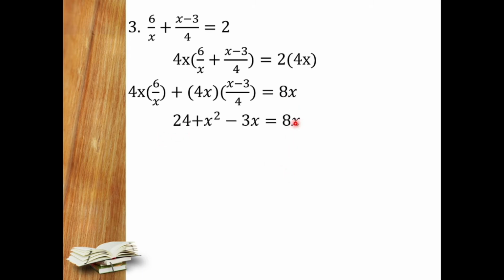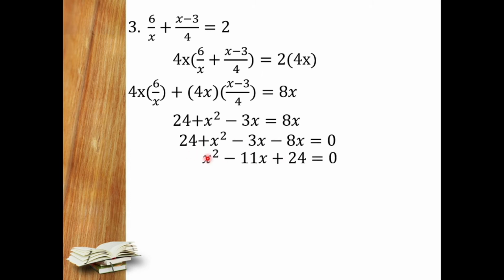So, next is to arrange this. At the same time, itra-transpose na rin natin ito. I-arrange natin ito in standard form. Mauuna dapat ang quadratic term, followed by the linear term, and then lastly, the constant term. So, since transpose natin si 8x, nagpalit tayo ng sign. So, notice that x squared is still positive kasi hindi naman natin siya i-transpose.